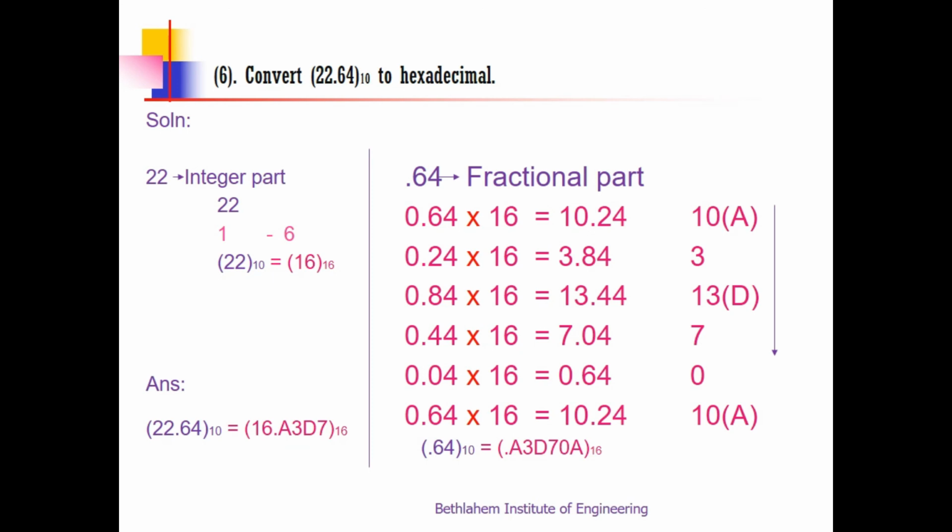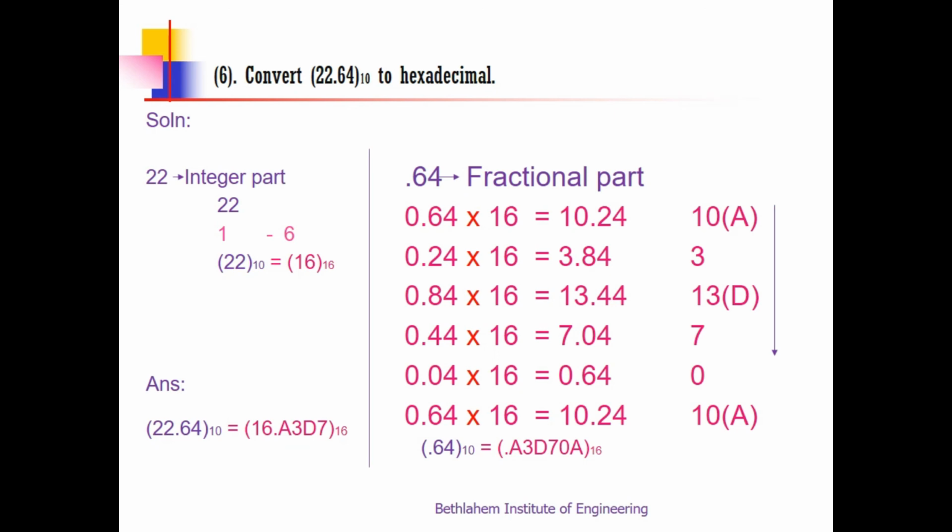If you don't get the fractional part as 0 till the 8th or 9th step, we can stop. So we have stopped here and we have written the answer. A first, then 3, then D, 7, 0. That is, from top to bottom, you have to write the answer. Now finally, you have to combine both answers and write.